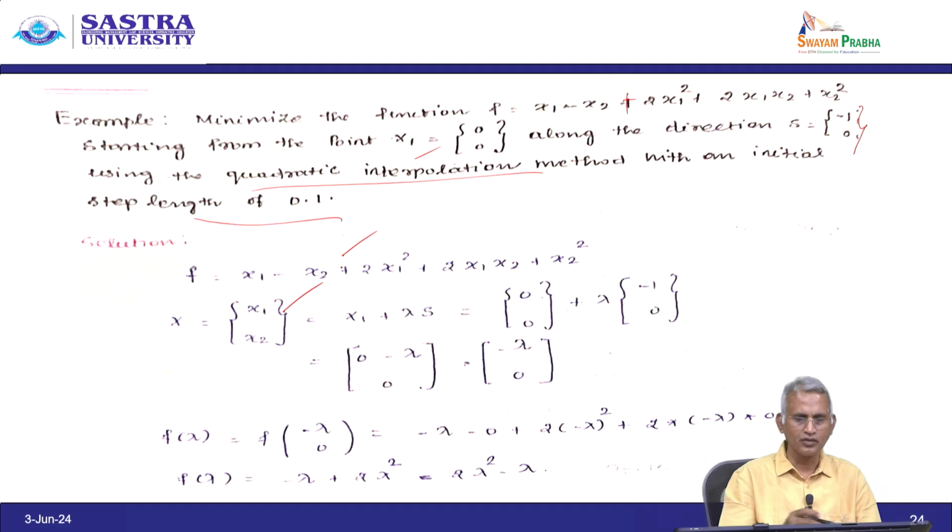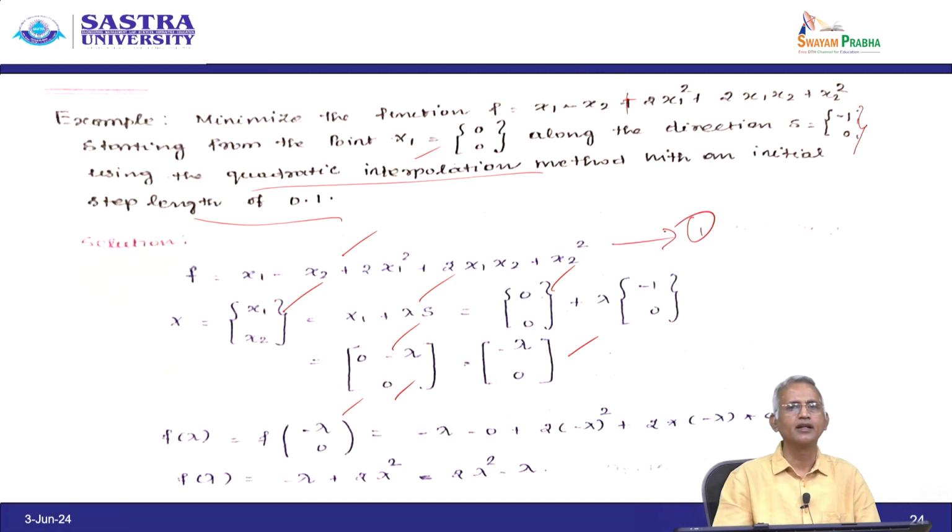So, the rule is x1 plus lambda s, x1 is 0 0, lambda into s is minus 1 comma 0, therefore 0 minus lambda 0, and then net value minus lambda comma 0, therefore f of lambda is f of minus lambda comma 0. It means x1 is minus lambda, x2 equal to 0, substitute in equation 1.